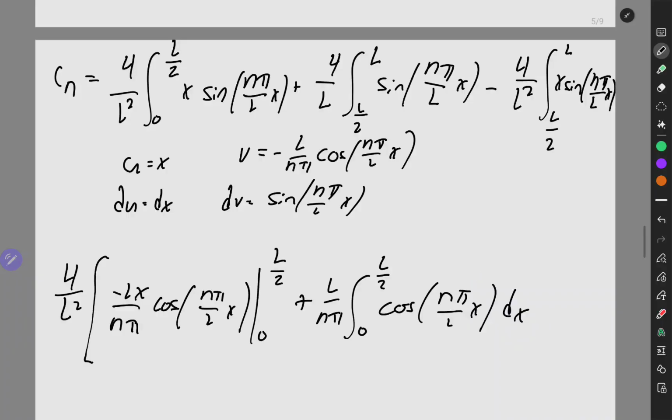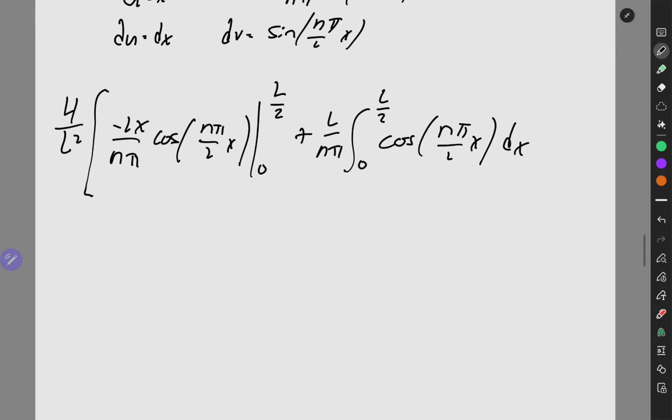Now, the second line, we're going to keep going. I guess this is going to, because this is negative cosine, the integral of that. Right? Yeah.